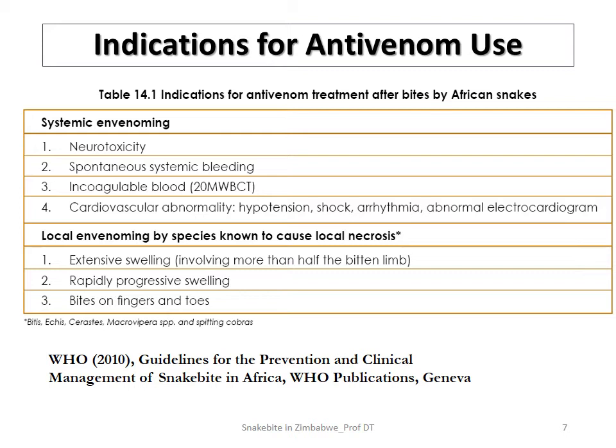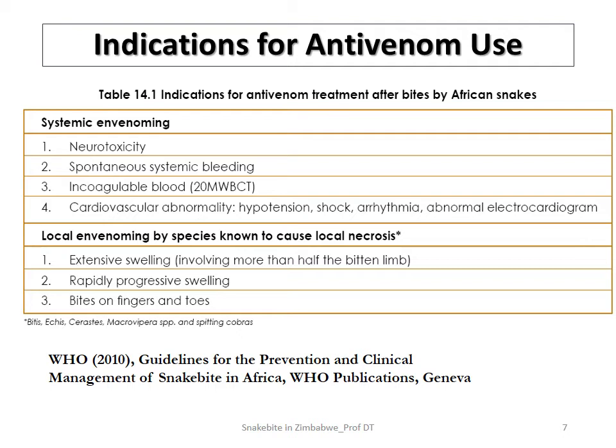therapy. So these are the circumstances or the indications for antivenom use according to the WHO, as well as most snakebite experts. So you want to give antivenom in cases of neurotoxicity.